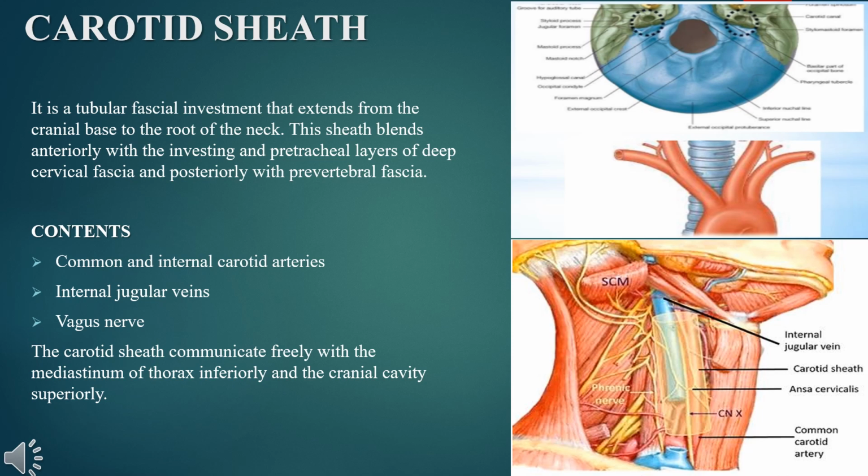Its contents are common and internal carotid arteries, internal jugular veins, vagus nerve, and some important relations are that the ansa cervicalis lies embedded in the anterior wall of the carotid sheath and the cervical sympathetic chain lies behind the sheath.